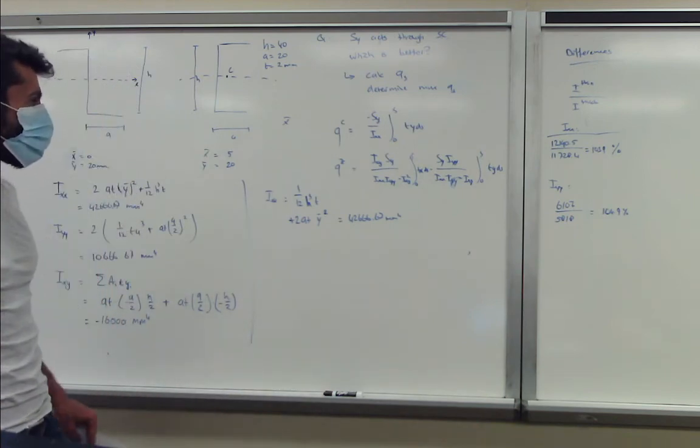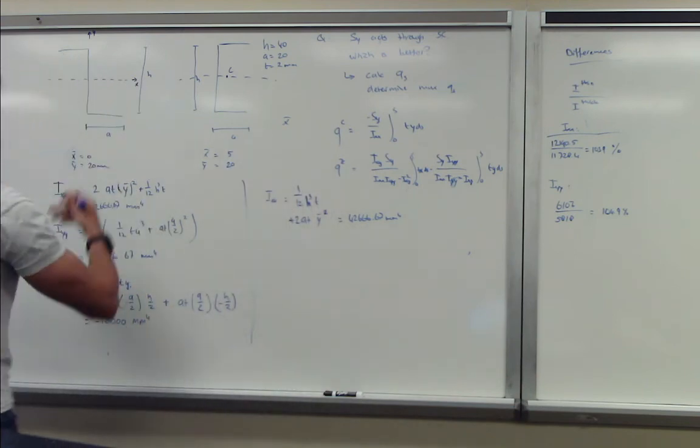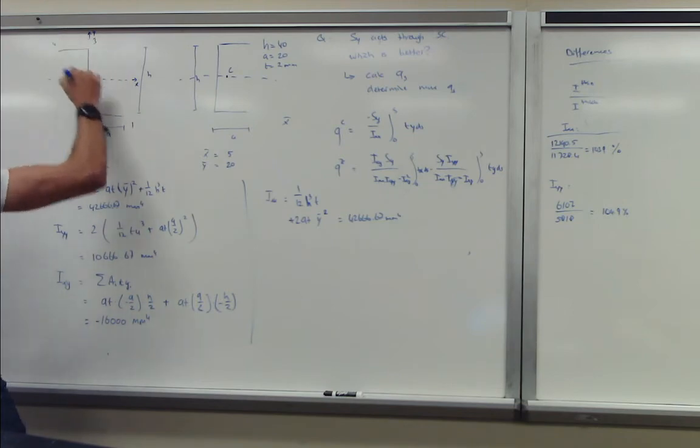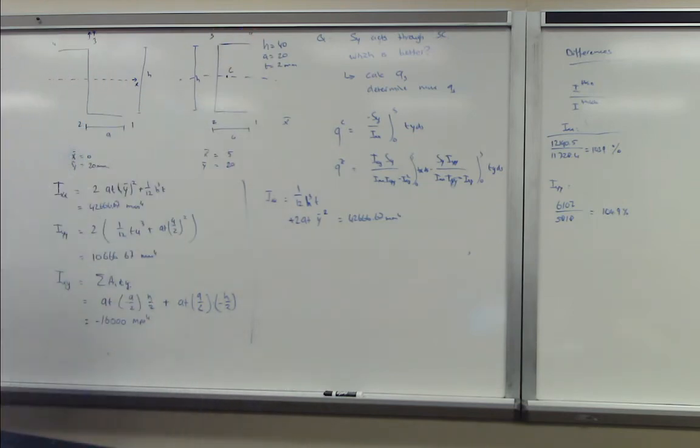So the next step is identifying the coordinate system that we're going to use, 1, 2, 3, 4, and calculating all the shear flow sections.